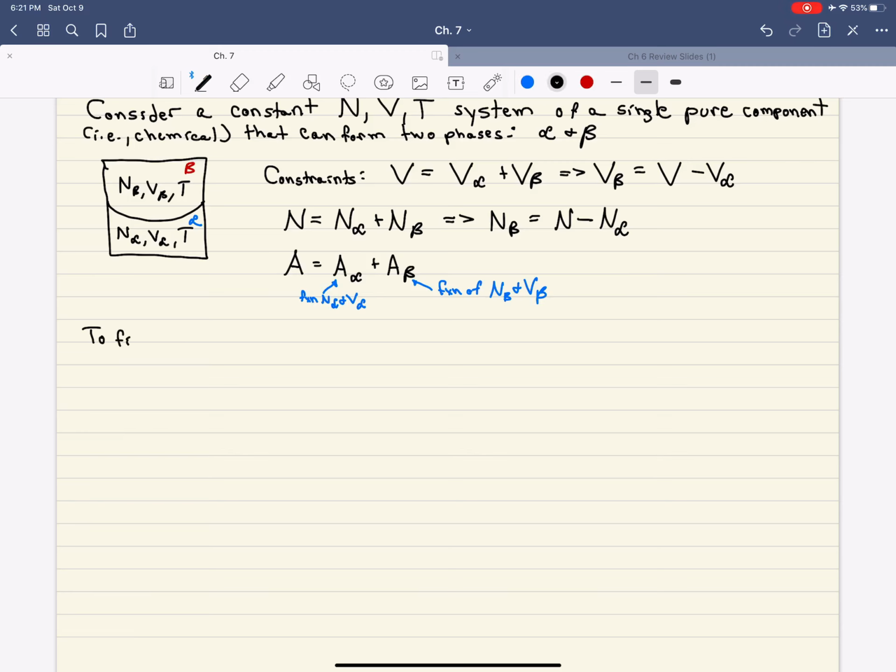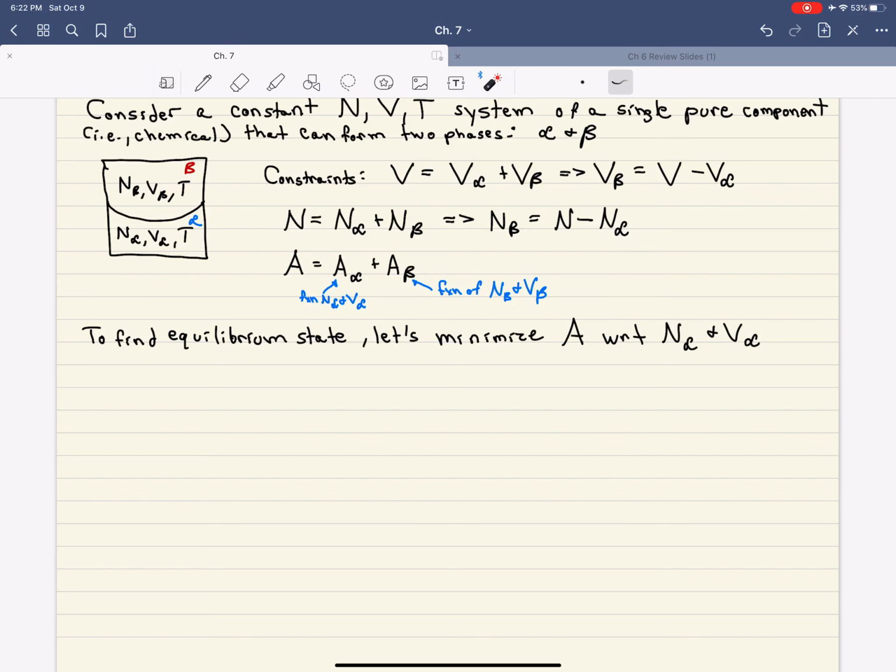So to find the equilibrium state, the stable state of our system, what we need to do is we need to minimize the total Helmholtz energy with respect to N alpha and also V alpha. Okay?